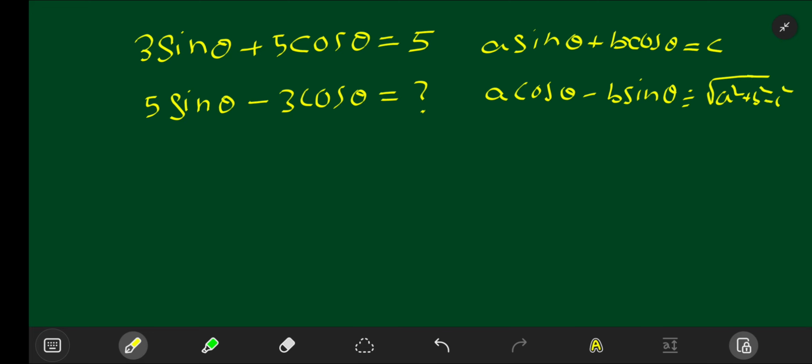This is the formula. If we compare with the given equation, it is not matched with this equation.